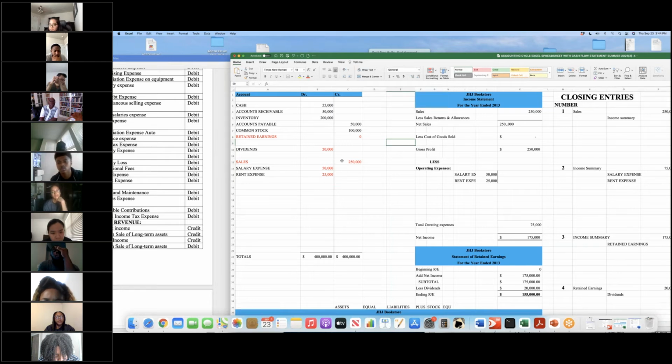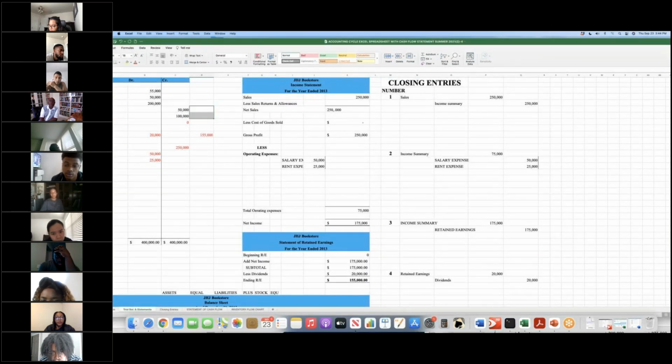Everything below retained earnings has been closed out. And retained earnings, and I'm just going to stick it here now, has a balance of $155,000. So after we do all of this, get back over so I can see 1 through 4.